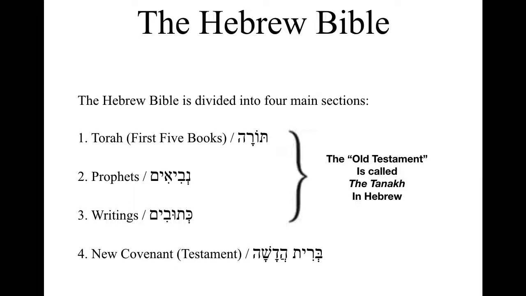The New Covenant, or the New Testament, also called the Apostolic Writings, is the Berit Hadashah. If you're studying the scriptures, depending on what translation you have, you may see the ordering of the scriptures differently according to this breakdown.